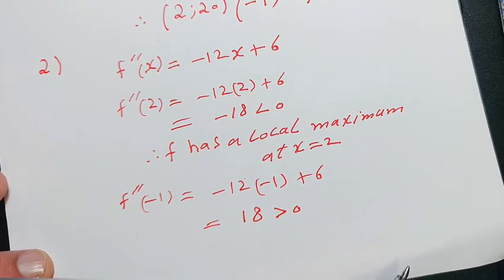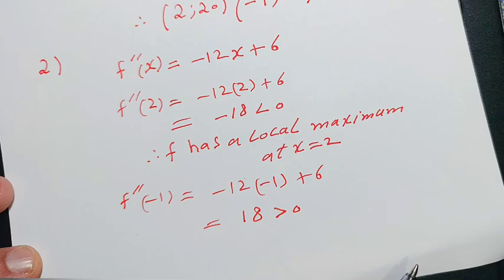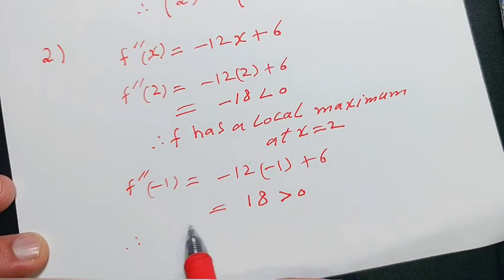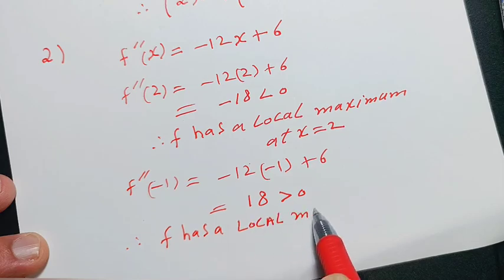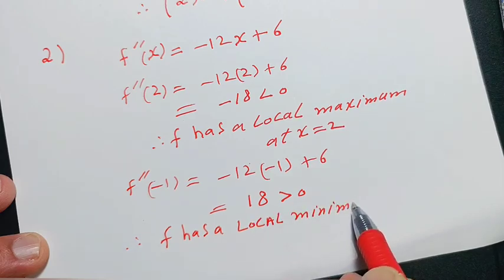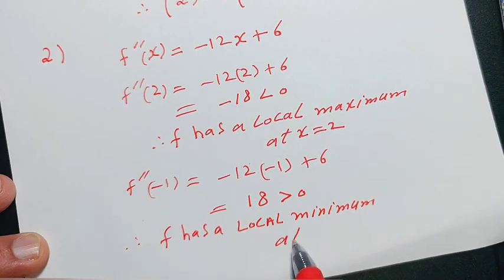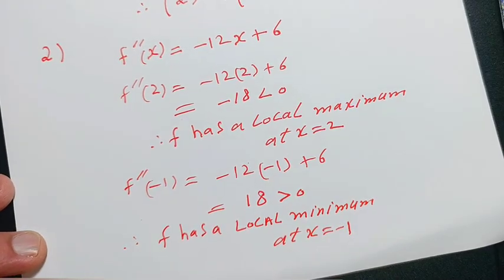And if you see the second derivative is positive, then f has a local minimum. Therefore, f has a local minimum at x equal to -1. So this is my final answer.